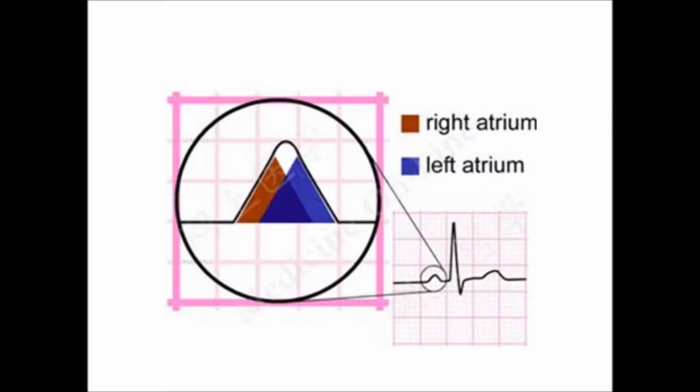So the second part of the wave represents the left atrium. We can imagine from this that abnormalities of the right atrium will result in changes in the amplitude of the P wave, while abnormalities of the left atrium will result in changes in the duration of the P wave. We will see this in a future video.